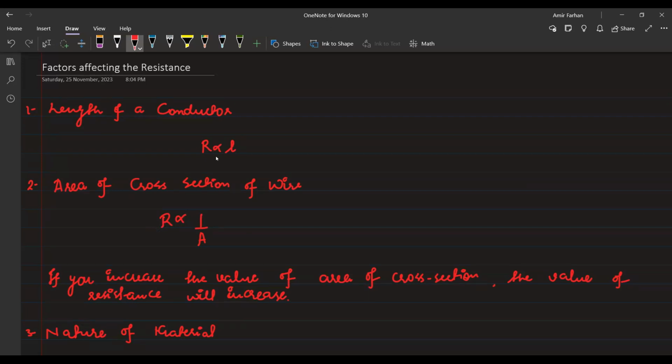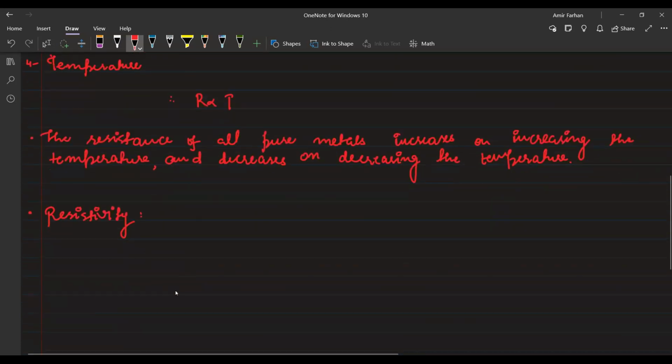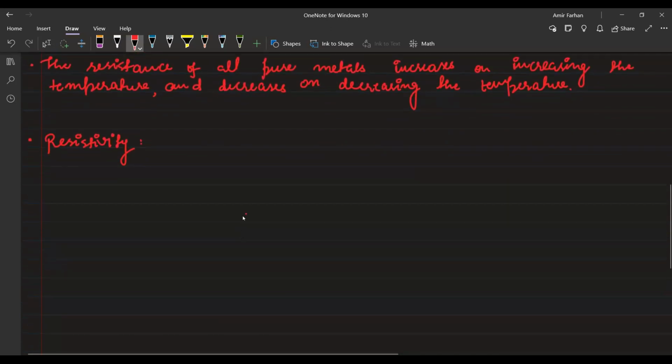So if you merge both equations, R is proportional to L and R is inversely proportional to A, so R is proportional to L by A. Yes or no, everybody? Clear?